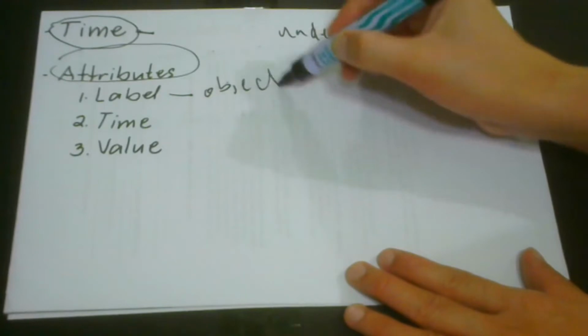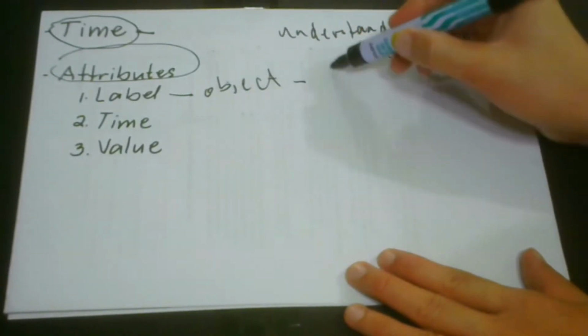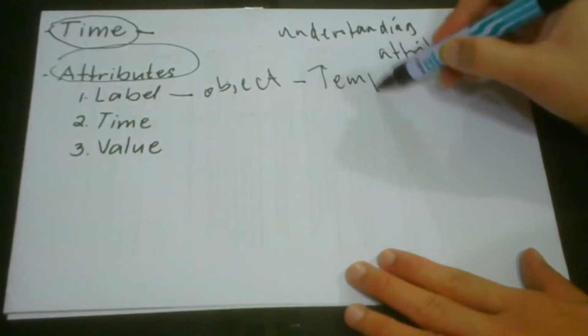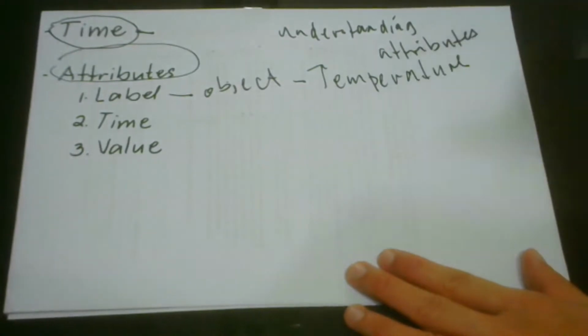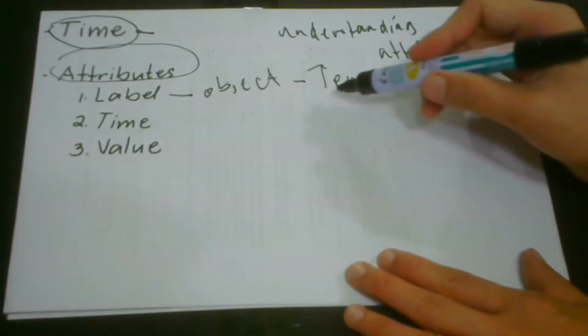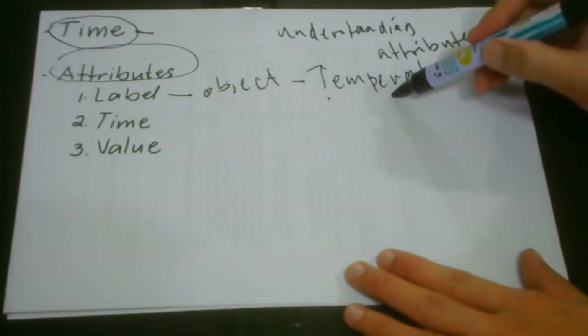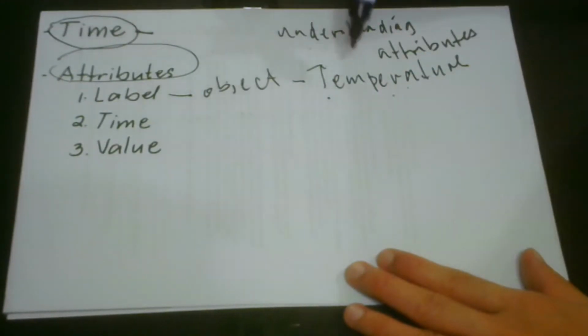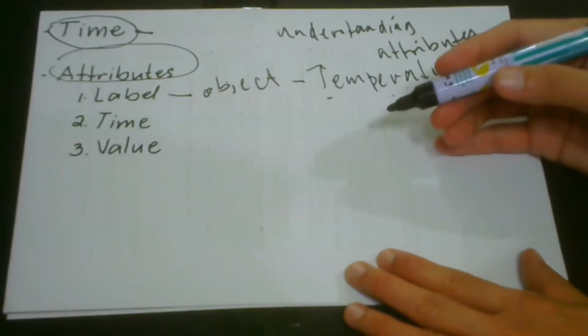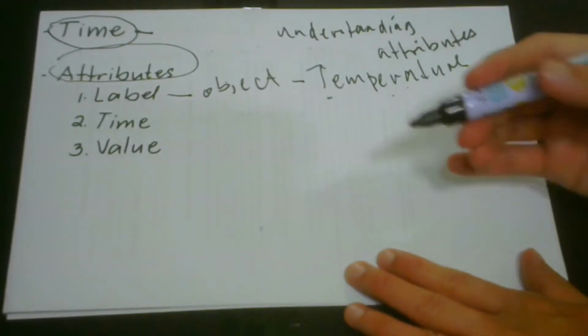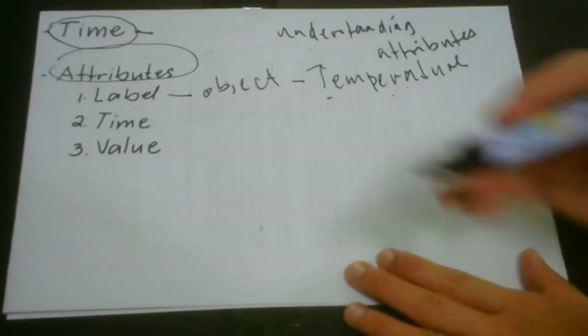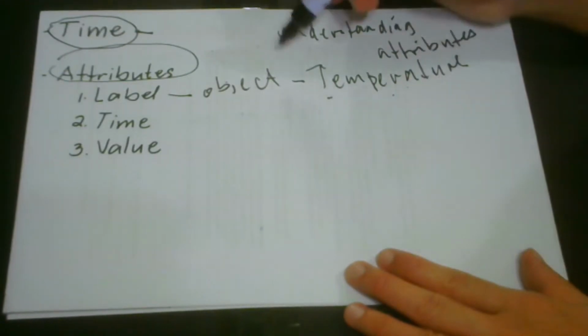So for example, we consider the temperature as an object. And in understanding the temperature, we have, of course, to study time. So, for example, how is today different from yesterday and the other day and the other day and so on and so forth. So that's the object.